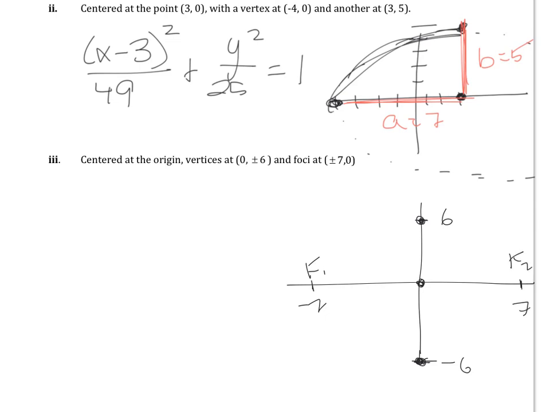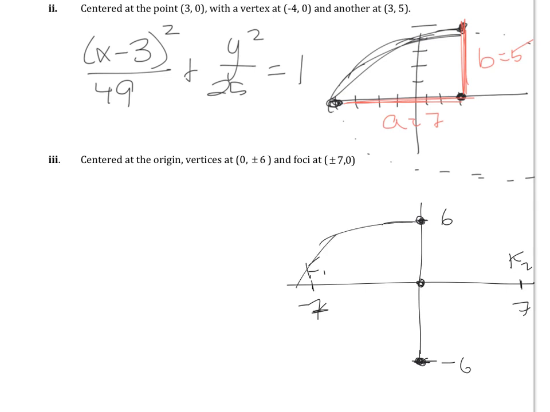So it's telling us foci and a pair of vertices. Since the foci are 7 units away from the center, this 6 and -6 are technically co-vertices. But again, we don't have to get super technical about that.